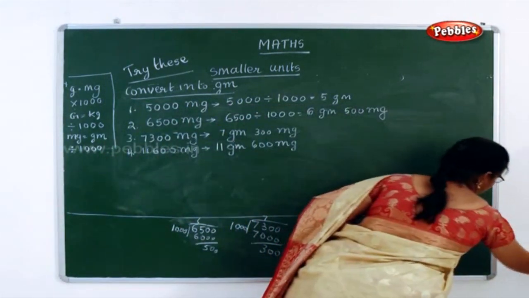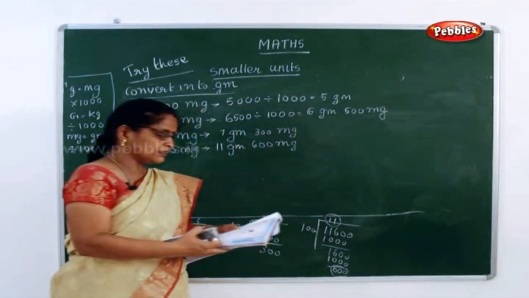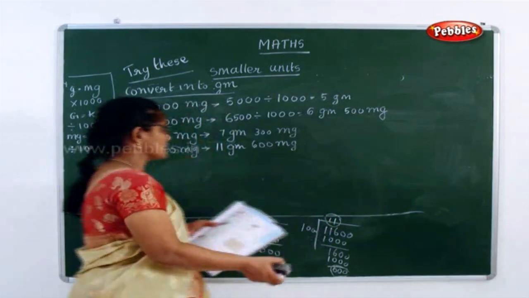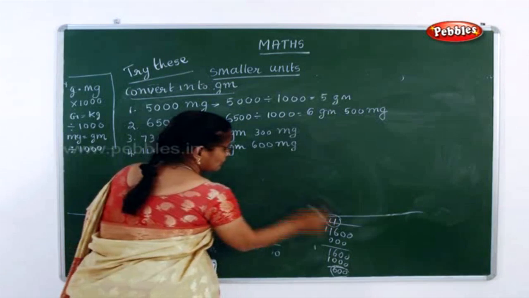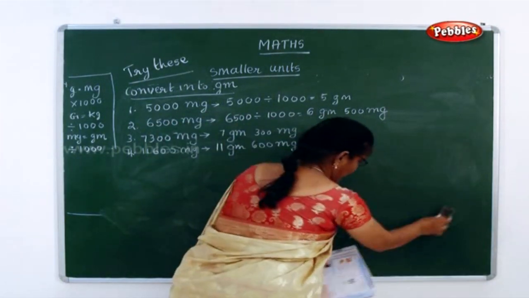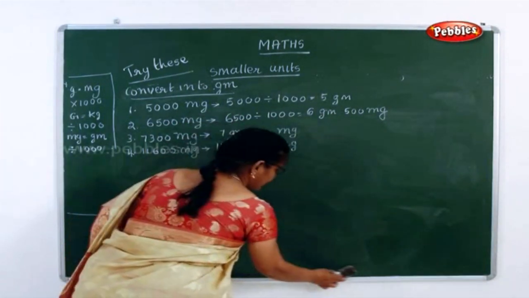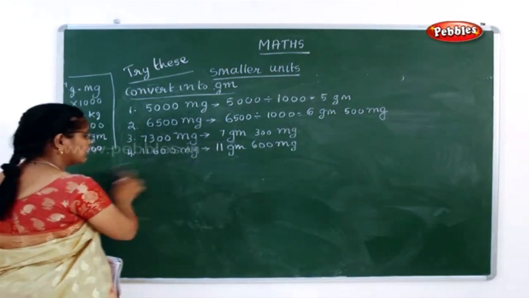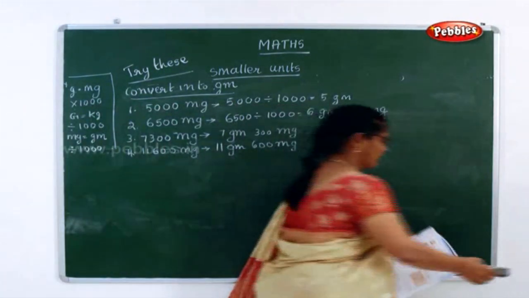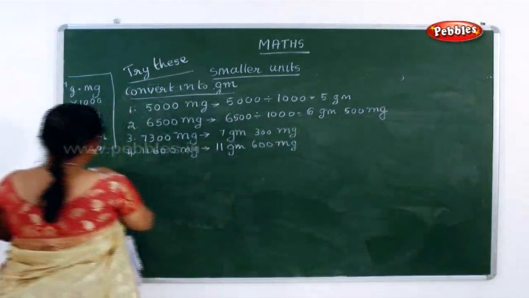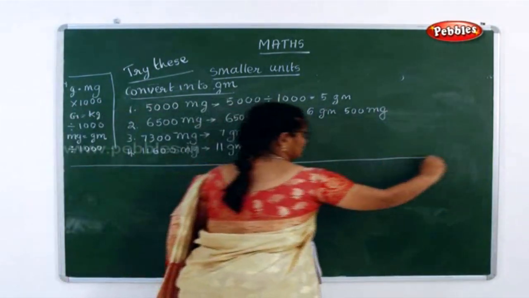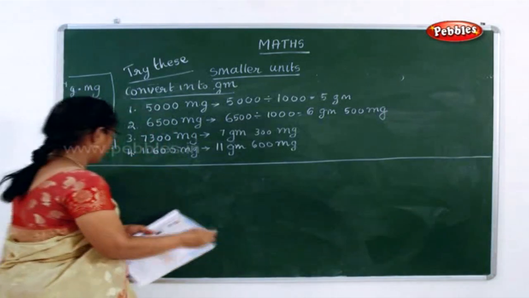See, they have brought four things: nose stud, ear stud, ring, and what is the last one? Necklace. They have given it in mg. That is, mg is milligram. Now you have to convert that into gram. See, what is the first one they have given?